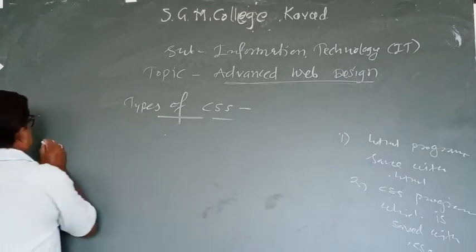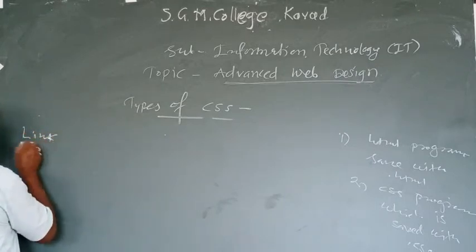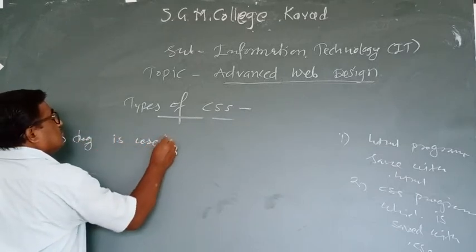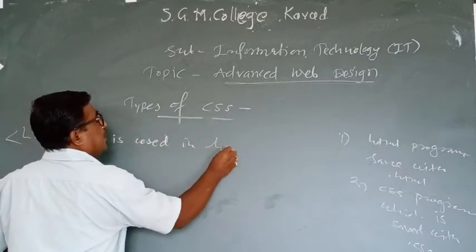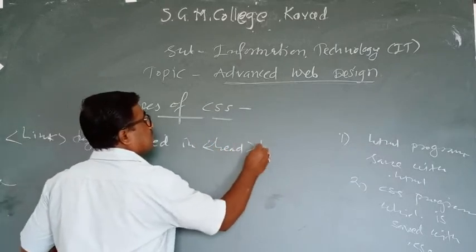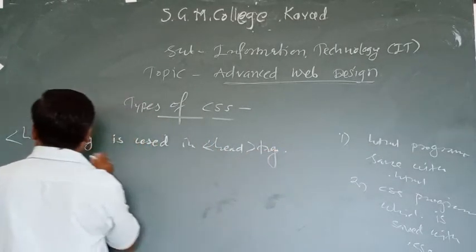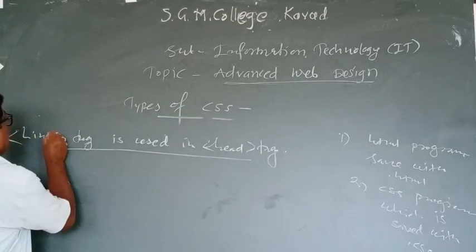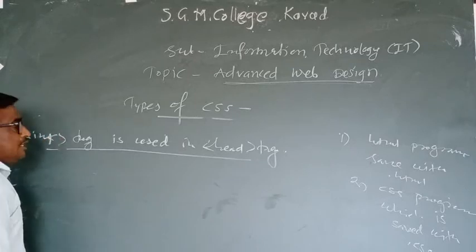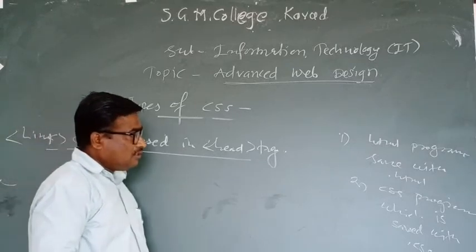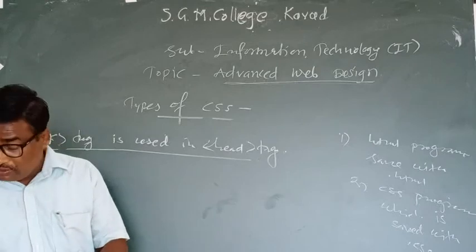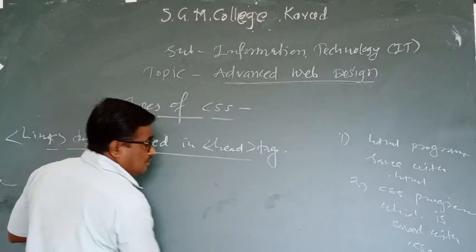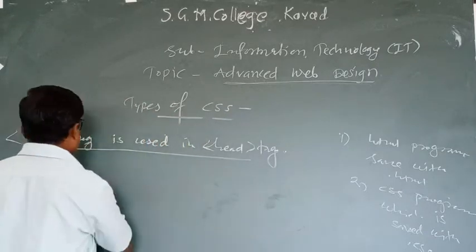Very important feature. The link tag is used in the head tag. There are attributes of the link tag: rel, type, href. These are the usual attributes in the link tag. Okay, then you have to write the HTML program.